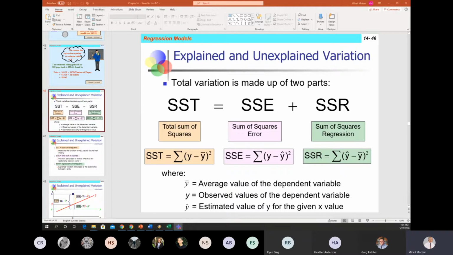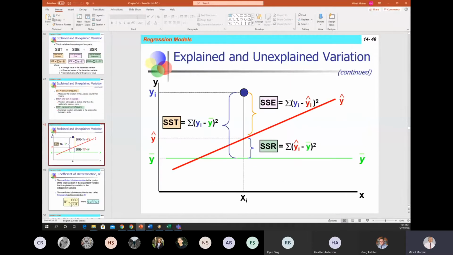This is the unexplained or random variation, presented here with the sum of squared differences, and, as we'll see graphically, we can present the explained and unexplained parts and the total difference for an individual observation.